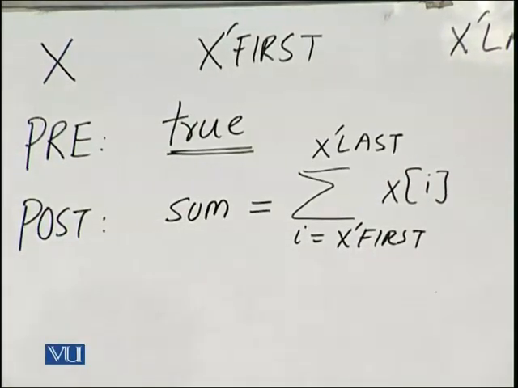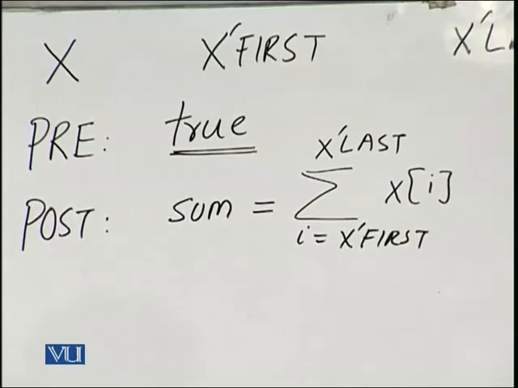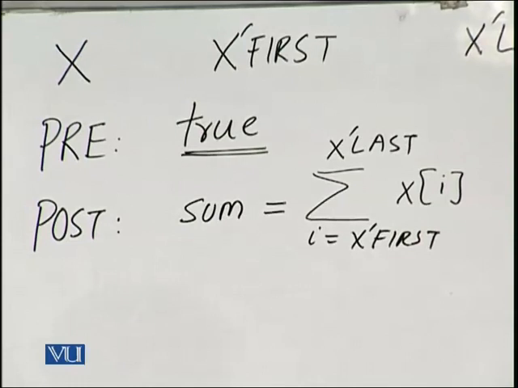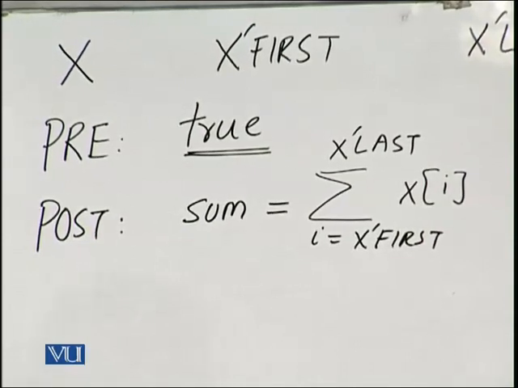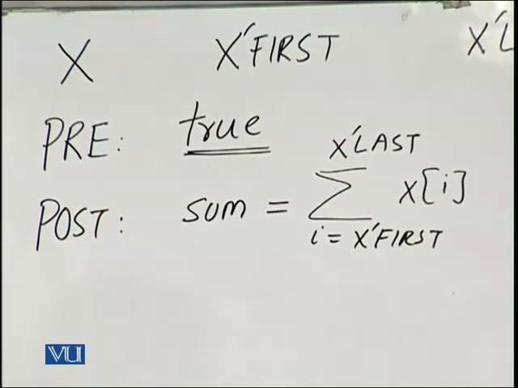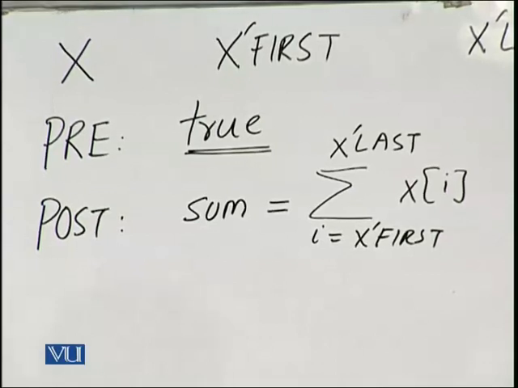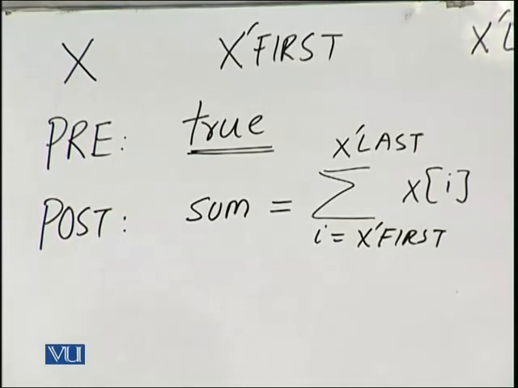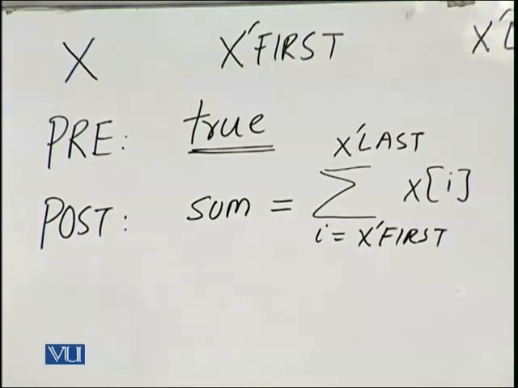Now we have to find out the loop invariant, the bound function, and the done condition, and obviously the statements to initialize so that we get the loop invariant. So first of all, let us concentrate on the loop invariant.